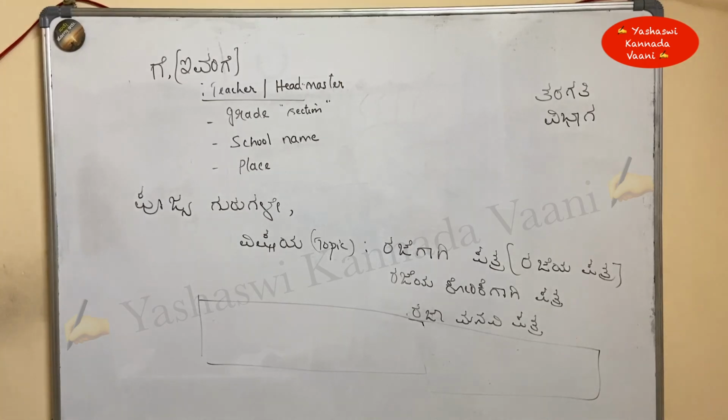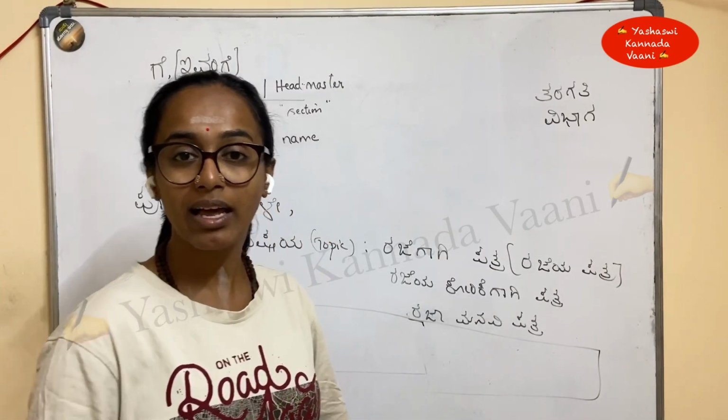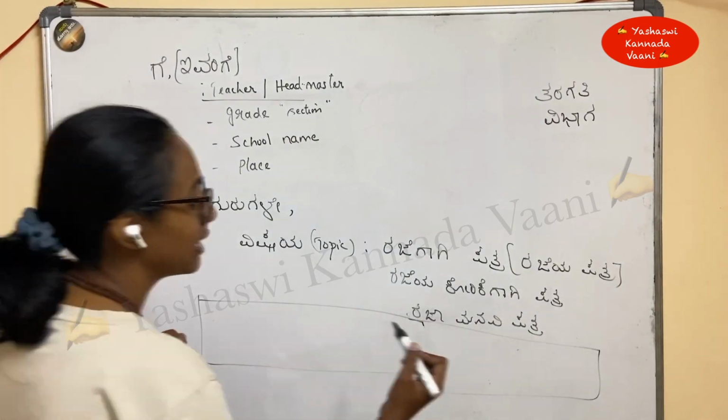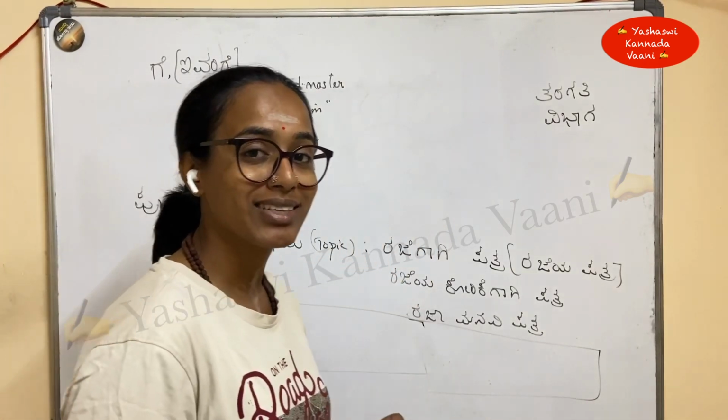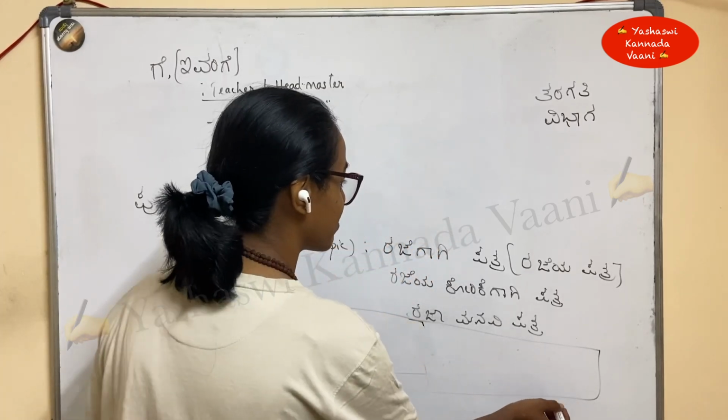Then it's very important that you have to mention your name. ಅಲ್ವಾ? So ಅಲ್ಲಿ your obedient student, that is what we will write, alva, your obedient student. So illi I'll write this part here.